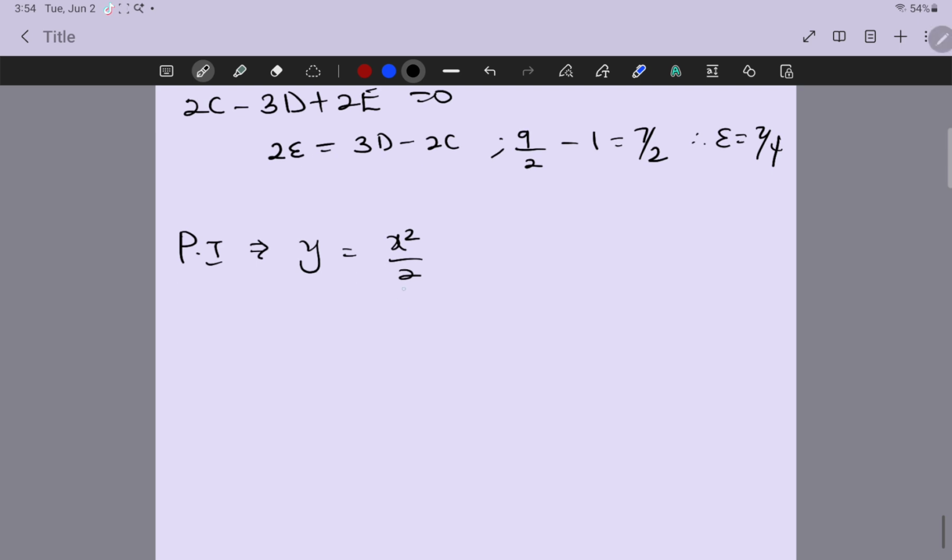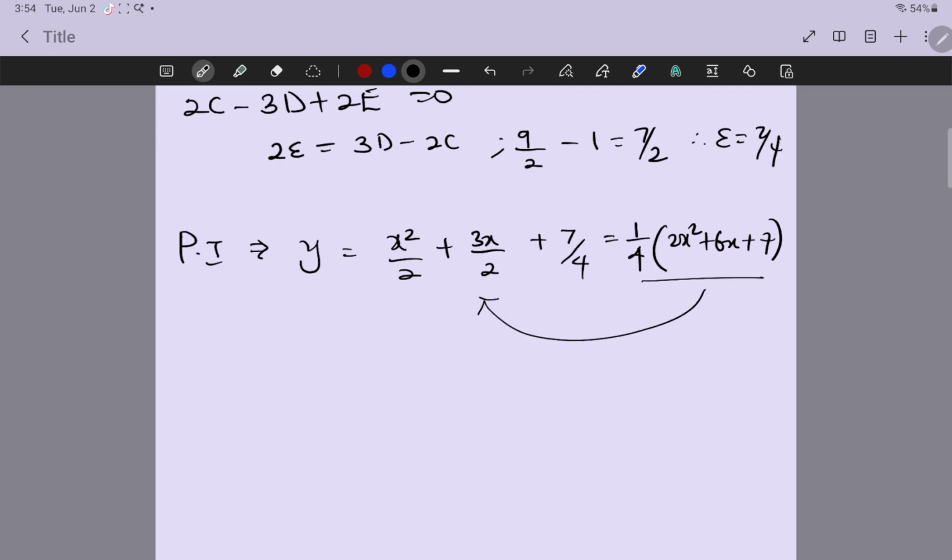It will be x squared over 2, right? Plus 3x over 2 plus 7 over 4. So let's take the common, you can simply say 1 over 4 into brackets 2x squared plus 6x plus 7, right? Because if you do this, it will bring this back. True or false? Yes, true.